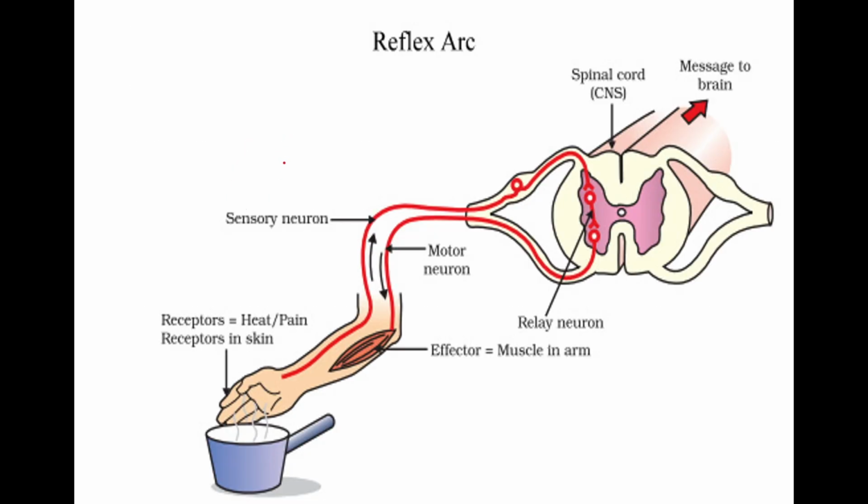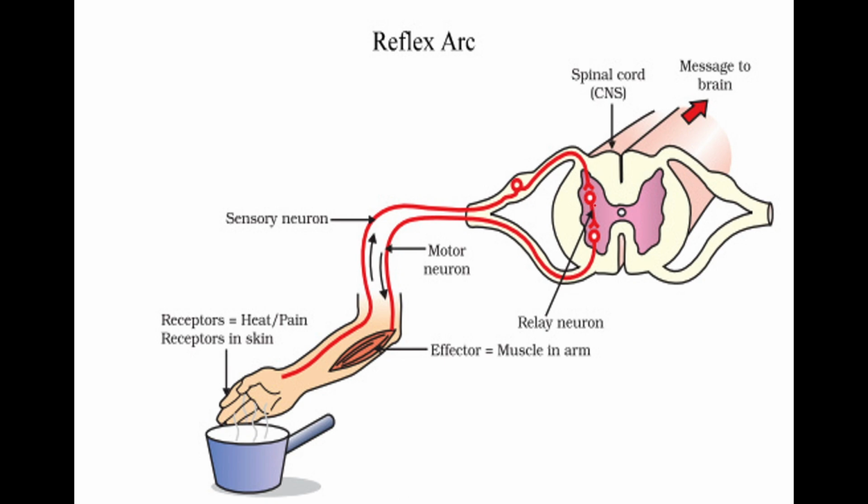Let's see here the reflex arc. The reflex arc carries a message quickly from a body part to the spinal cord and back to take the action. Now, the sensory neuron sends the message to the relay neuron, or sometimes we call it an interneuron. If you notice, we have a gap, or a synapse, between these two neurons.